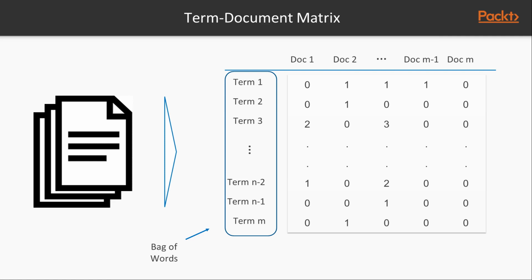Of course, the easiest approach is to just do a binary 1-0 representation. We can use the counts of the word in a given document, or we can weigh the presence up or down depending on what the relative frequency of a given term is across the entire corpus, the set of documents, for instance.